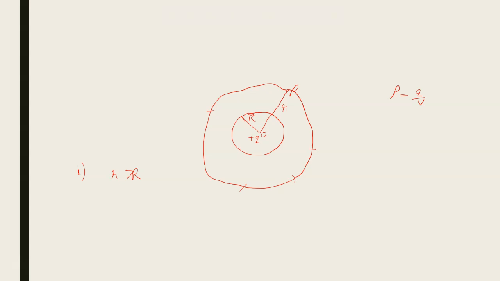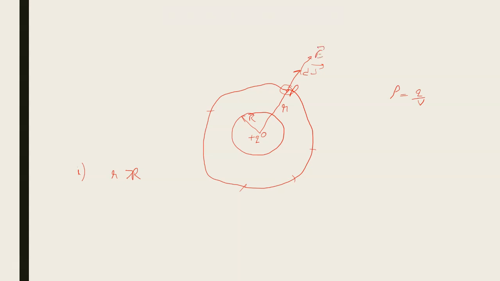So suppose at this point P we take an area element dS, and as I have told in my previous lectures, the direction of the area element is always outward, and due to the positive charge the direction of the electric field is also outward, along this direction.